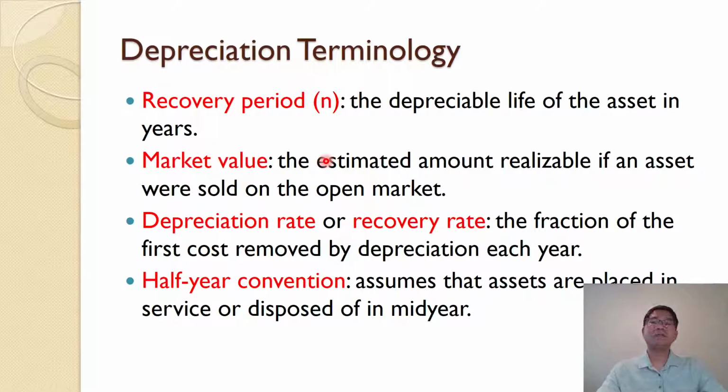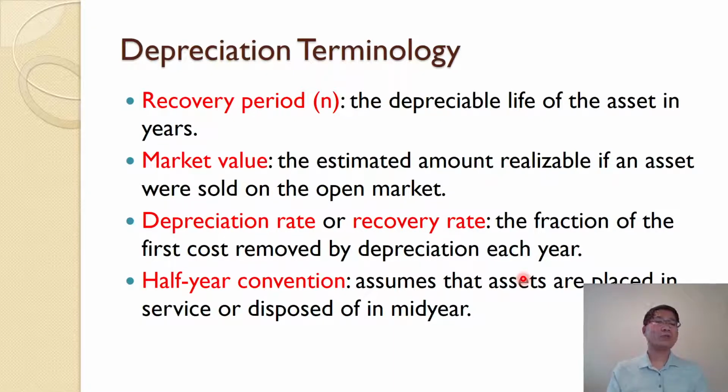Half-year convention. What does half-year convention stand for? We assume the assets are placed in service or disposed of in mid-year. What does that mean? If you buy a pickup truck and you want to use it for depreciation, for deduction in your tax, then even if you buy it in January, it is considered placed in service in mid-year, June or July, or if you buy it in December, it is still considered mid-year. So the first year is considered a half year, regardless of which month you buy or put that equipment in service.